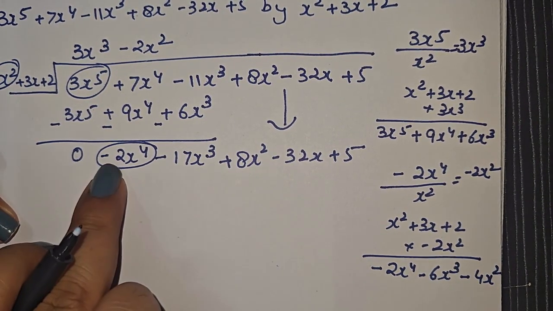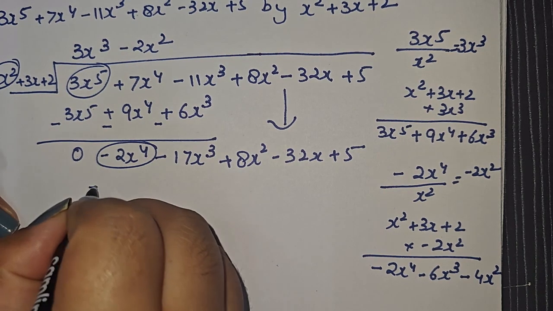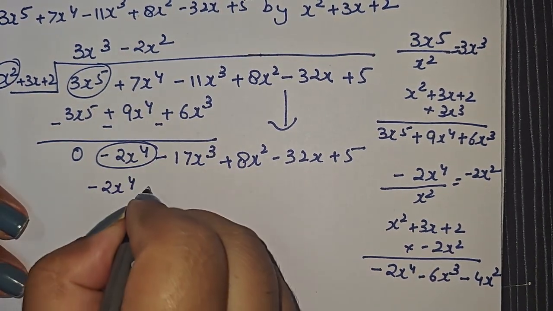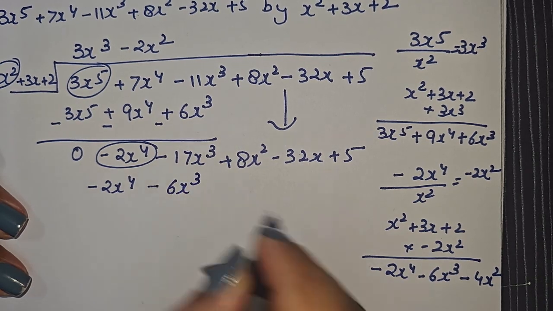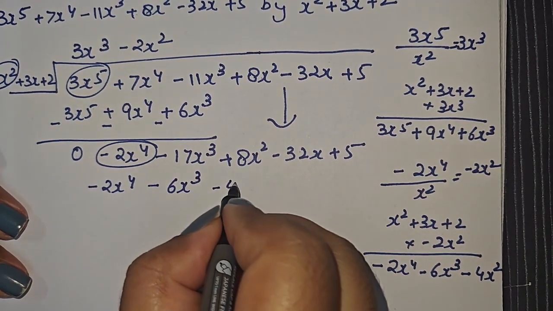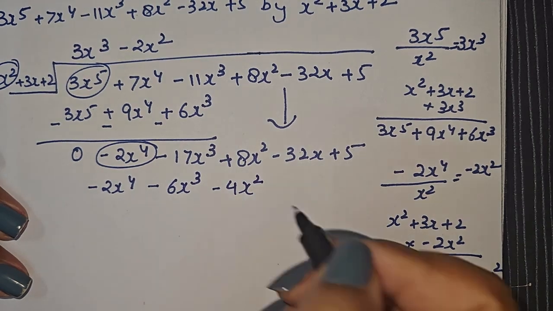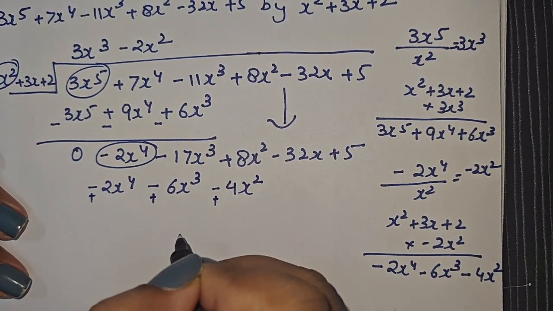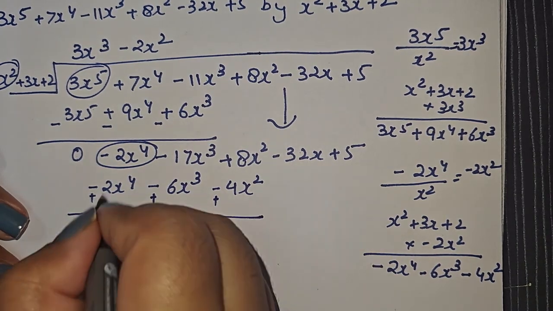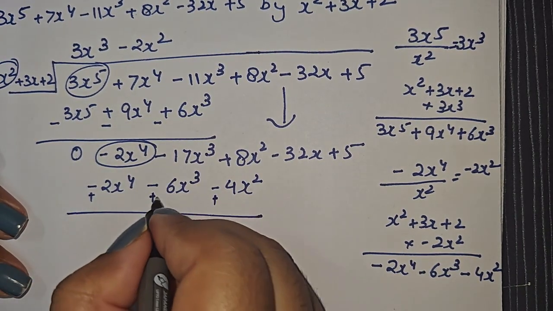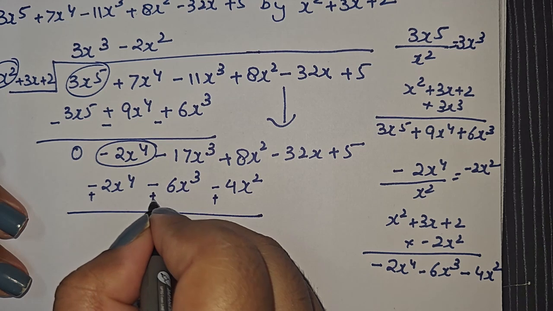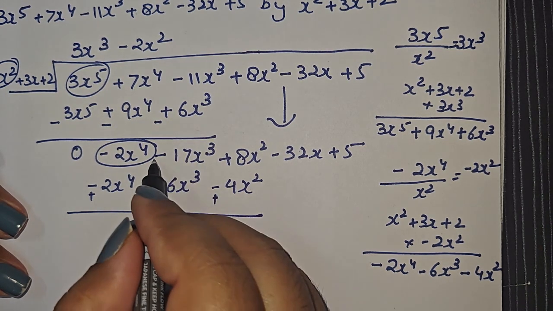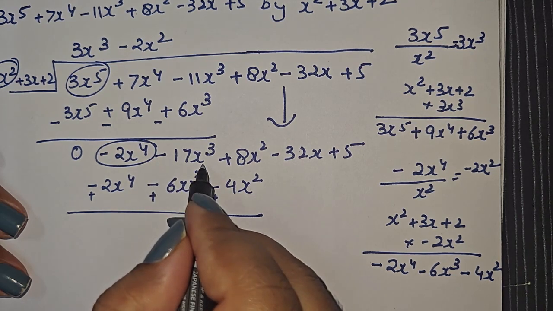We have this. Now let's start replacing it. Minus x to the power 4. This is x cube. So here minus 6x to the power 3 minus 4x square. So minus plus, this one will be 0. Here we have minus, this is plus, so we have to subtract them, and the sign will be negative since this is the bigger term.